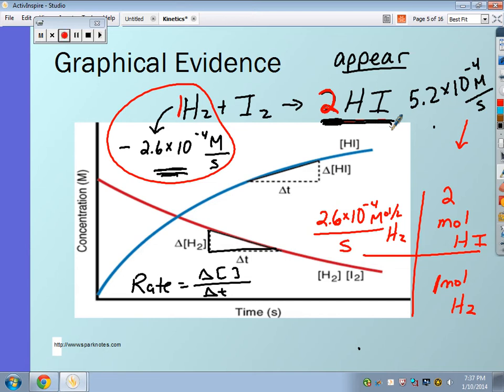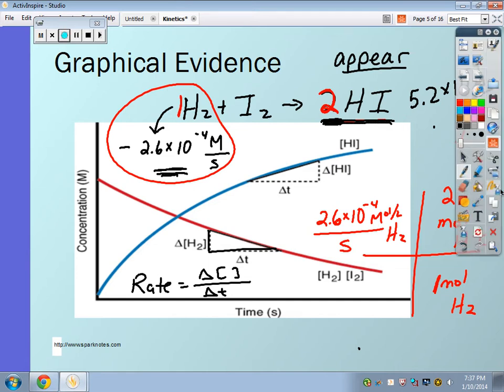Therefore, hydrogen iodide appears at a rate of 5.2 times 10 to the negative 4th molarity per second. Or you can just do the math. I like the math. So let me go back through this math again real quick.